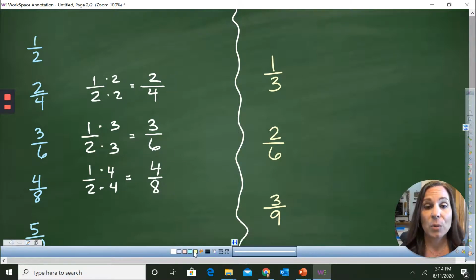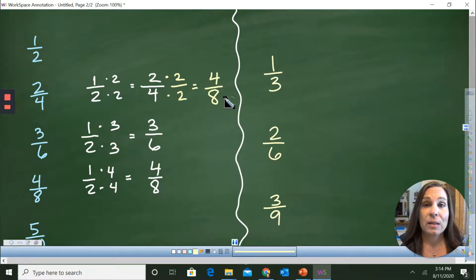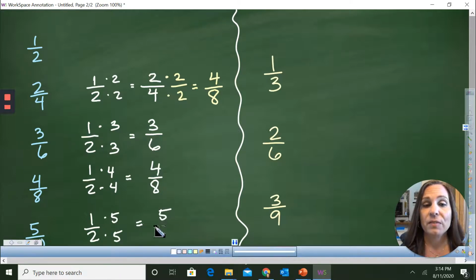I could have also multiplied this one, 2/4, by 2 on the top and bottom. As long as you're multiplying the fraction by the same number on the top and the bottom, what you are going to create is an equivalent fraction. So the last one down here is 5/10. So if I start with 1/2, I can multiply on the top and the bottom by 5 and get 5/10.